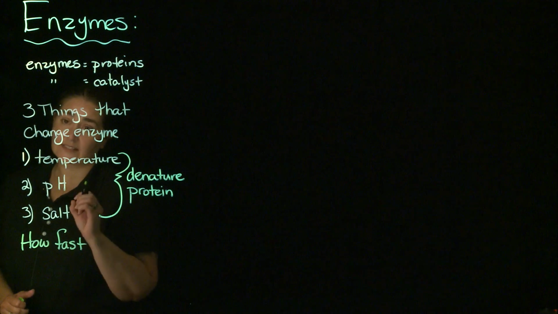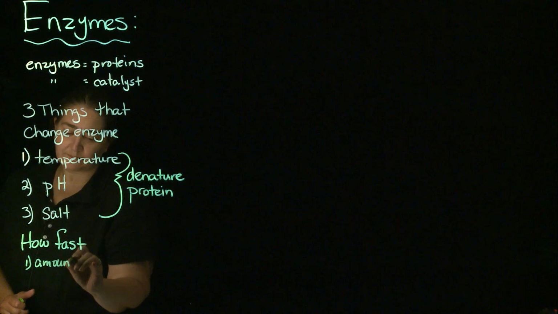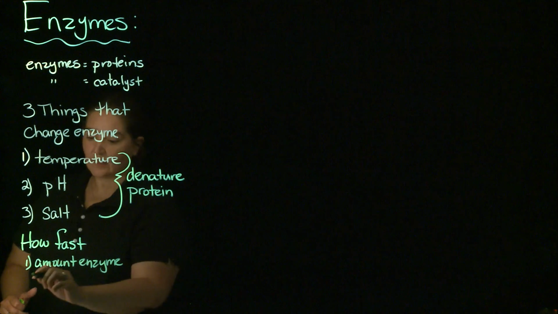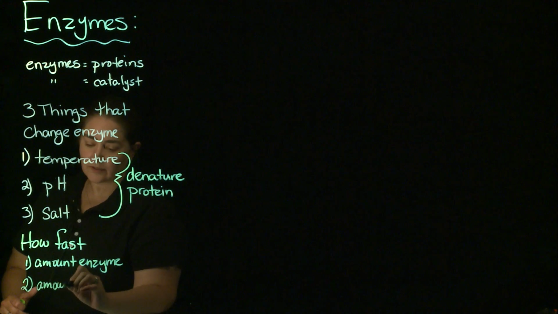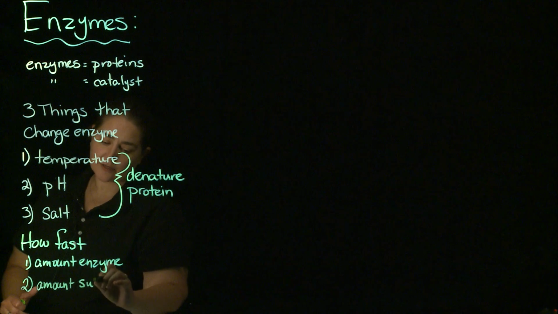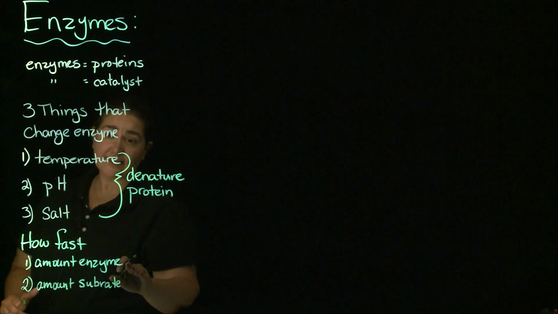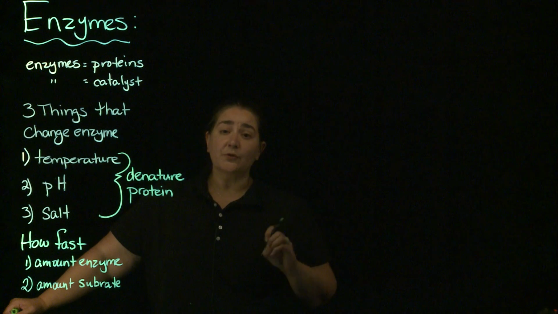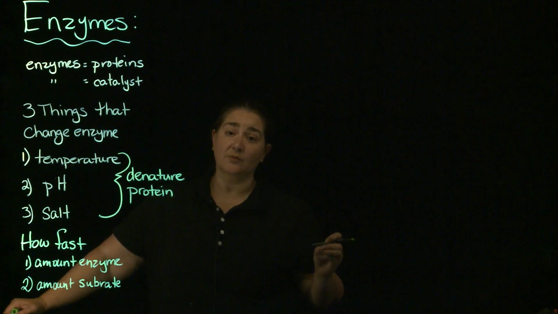How fast an enzyme works is going to be dictated by the amount of enzyme that's available, and also the amount of substrate. If there's a lot of substrate and very little enzyme, that enzyme is reusable, but it's got a lot of work to do to break down a large amount of substrate.